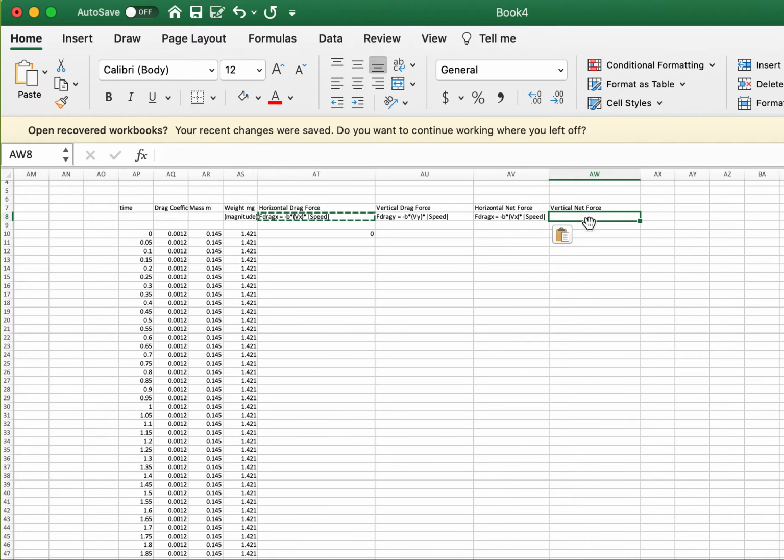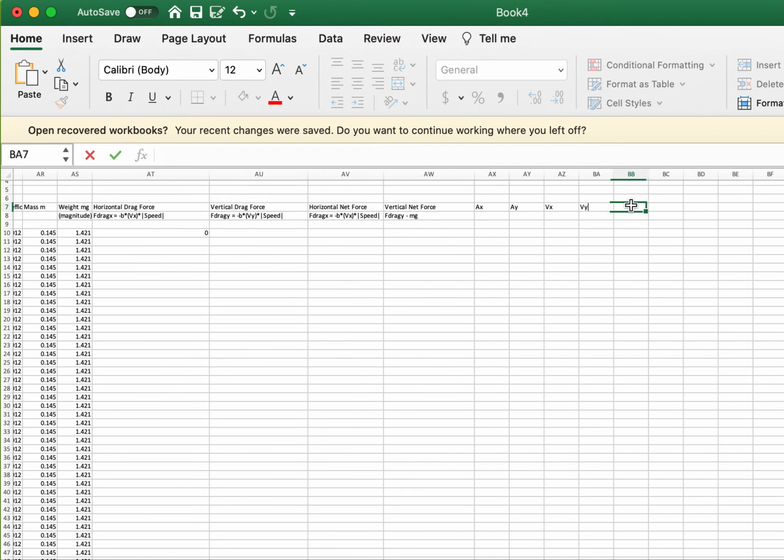But the vertical will be based on F drag minus mg. We'll do AX for horizontal acceleration. And then we'll do AY for vertical acceleration. We'll do Vx for horizontal velocity and Vy for vertical velocity. Then we can have an X and a Y for our particle.